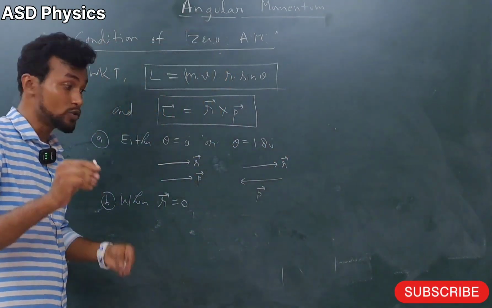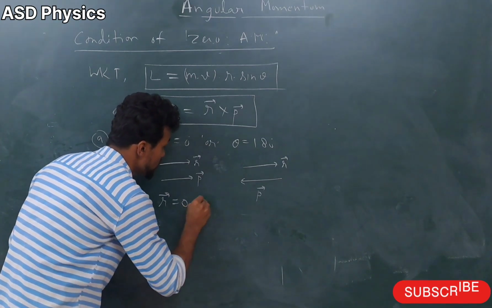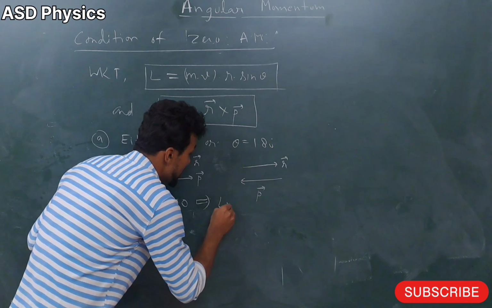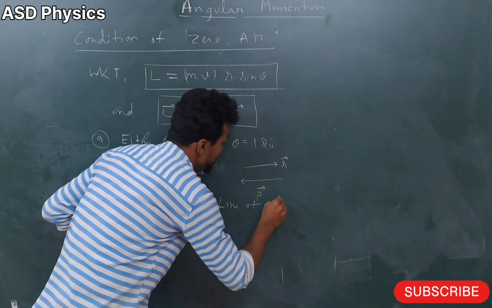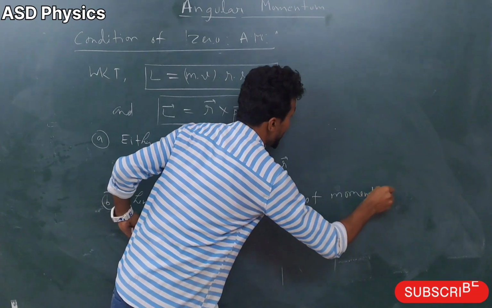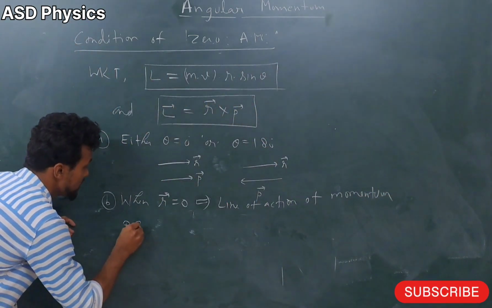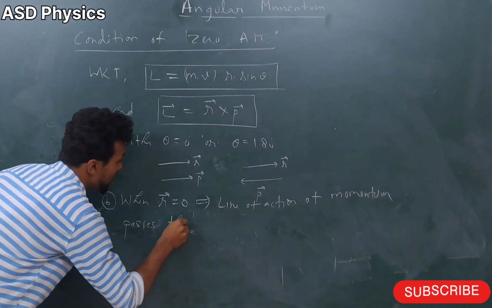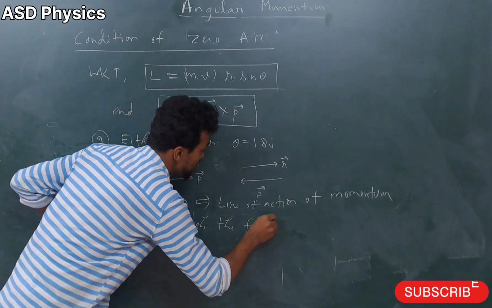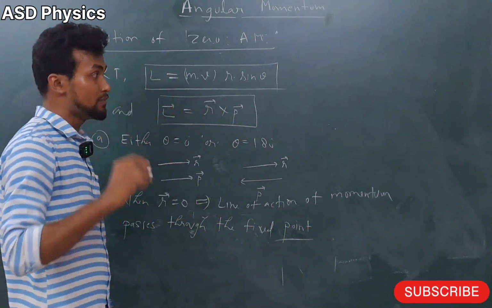So r equal to 0 means the line of action of momentum passes through the fixed point. Why am I writing this long line? Because it is very important. I will just give the example also.